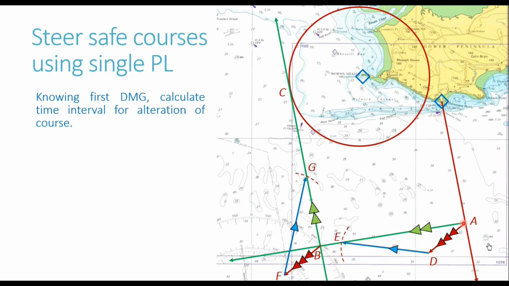Alpha Bravo is the distance to be covered, and we know our speed made good is Alpha Echo. So if you divide Alpha Bravo, that is the total distance to be made good, by Alpha Echo, which is our speed made good, you can immediately find out what is the time interval for alteration of course.